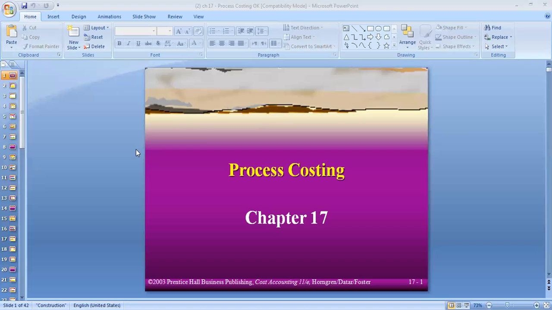The equivalent production report, or as we told you, equivalent units production report, then average cost per unit report, then the process cost sheet or cost report, then the process ledger account.